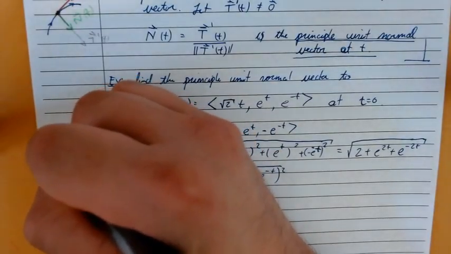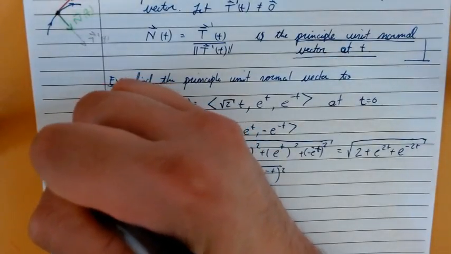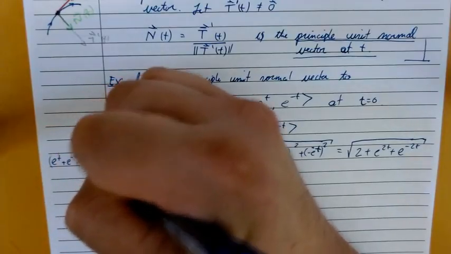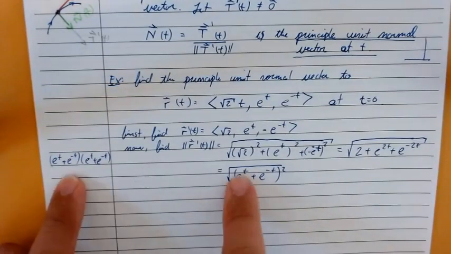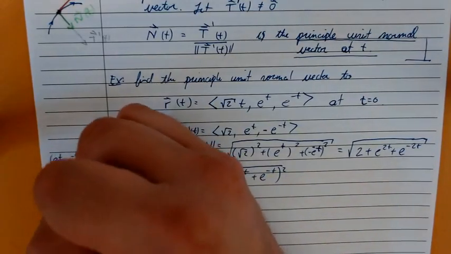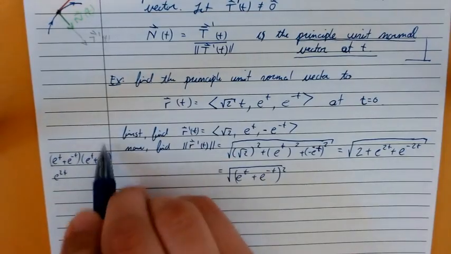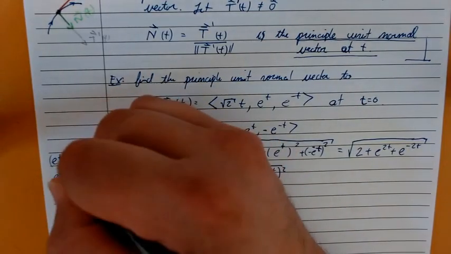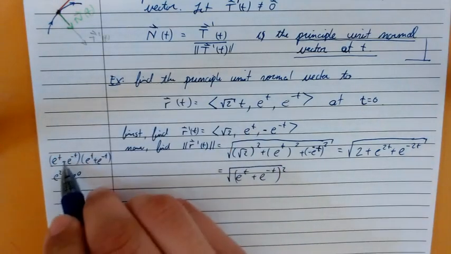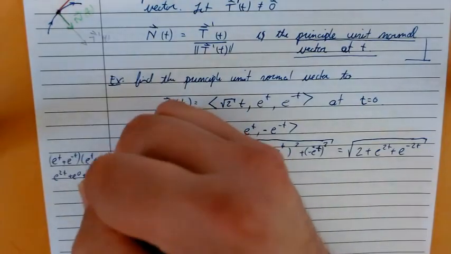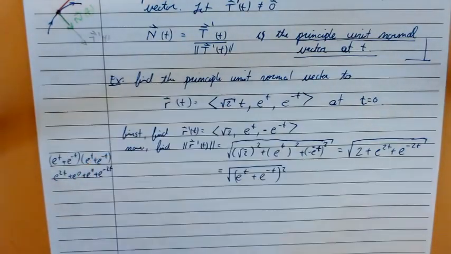Notice if I take e to the t plus e to the minus t times itself, that would be e to the 2t, then e to the 0, because when you add those powers, t minus t would be 0, another e to the 0, and e to the minus 2t.